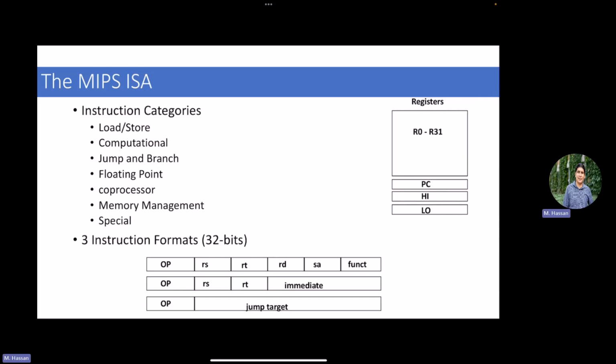And there are three main instruction formats in MIPS. One of them is mainly related to jump, for obvious reasons, that jump, or branching in general, is a very special type of instruction. We call it a control instruction, where you have the opcode and then the jump target.